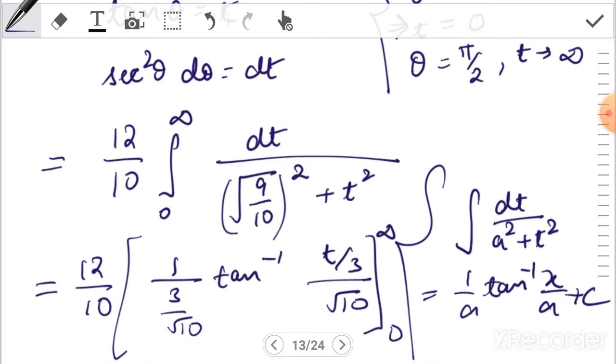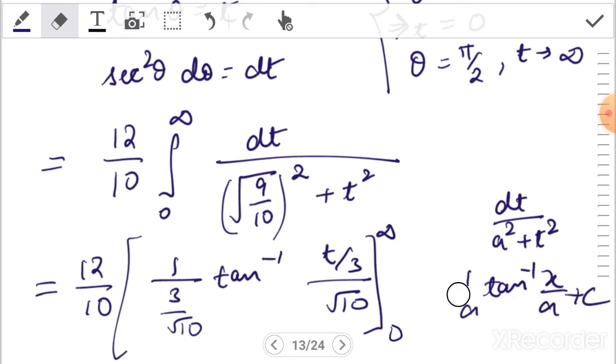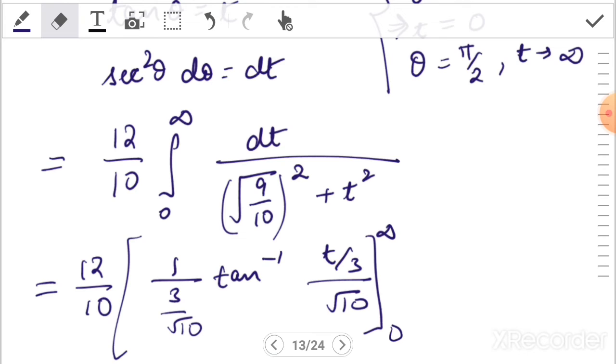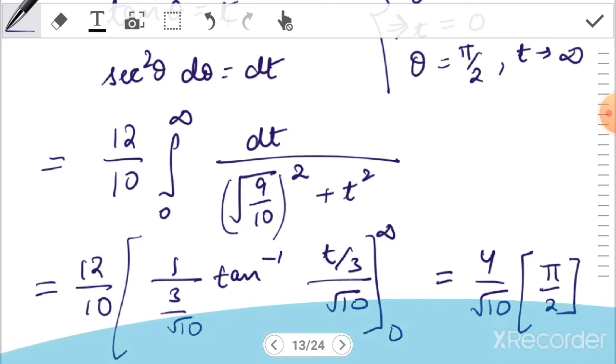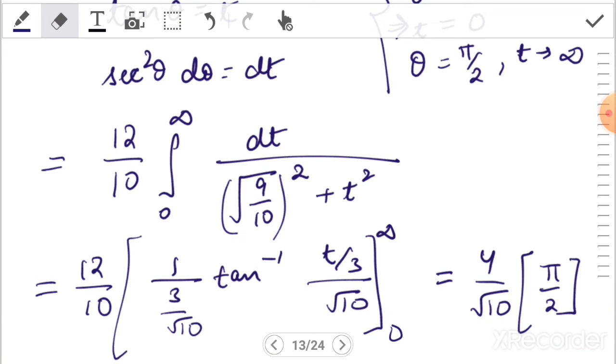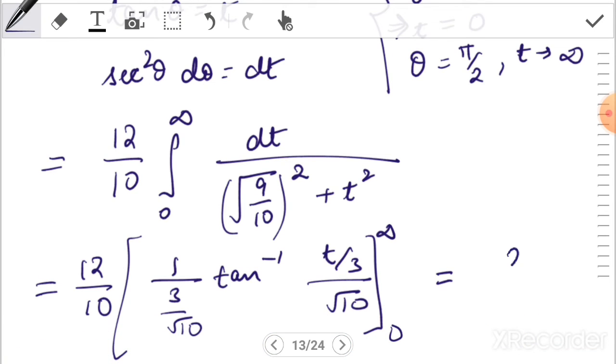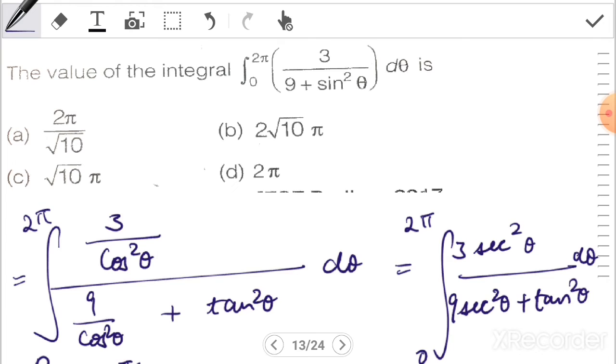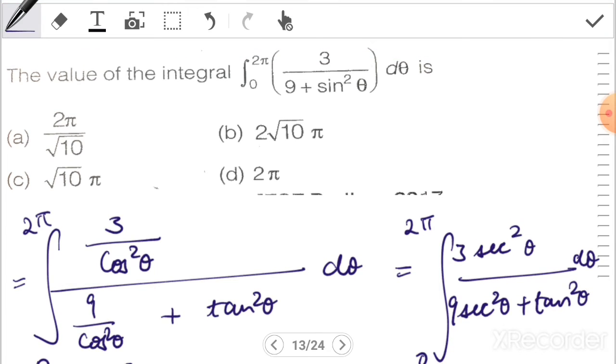So now if you calculate this, if you simplify this, you will get 4 by root 10 and pi by 2. So answer is 2 pi by root under 10. Okay. So answer is A here. Right?